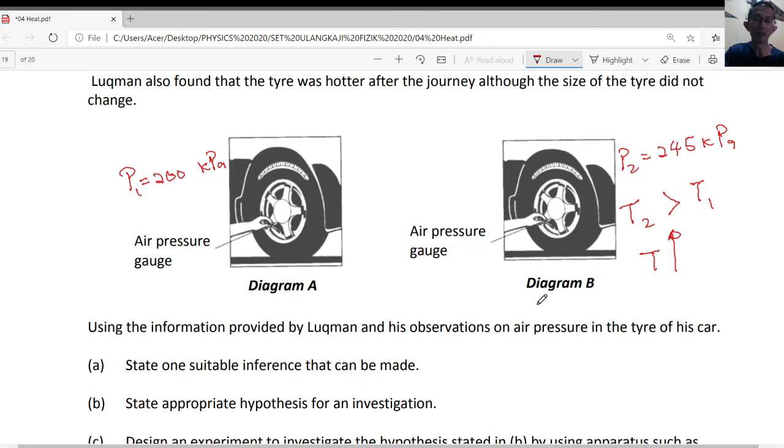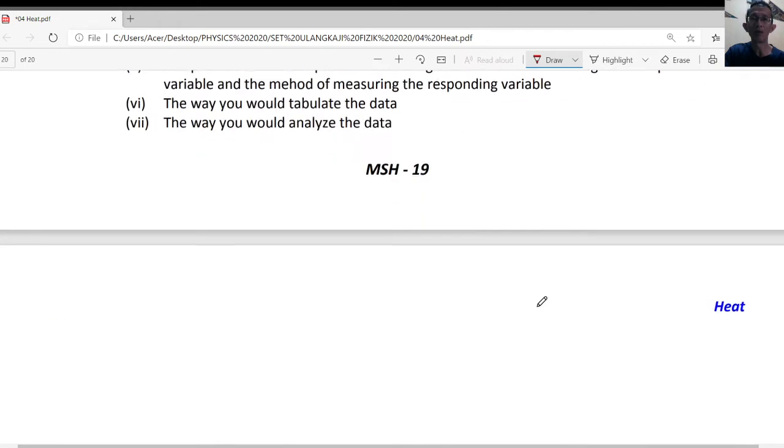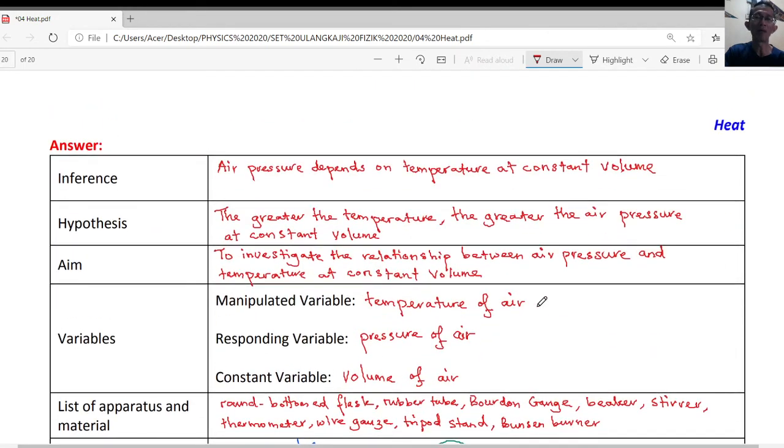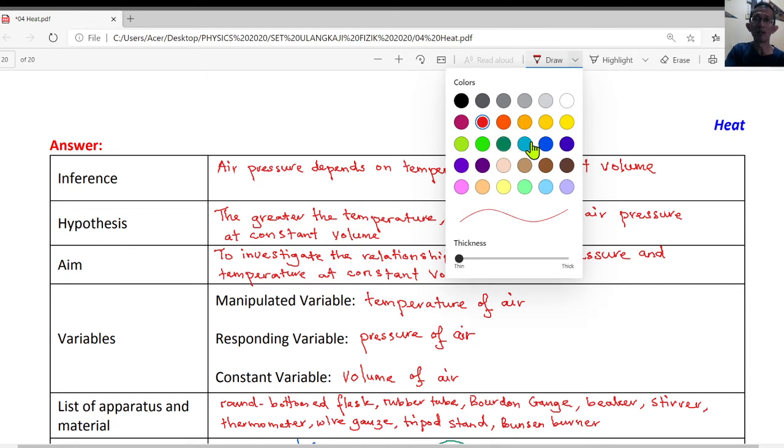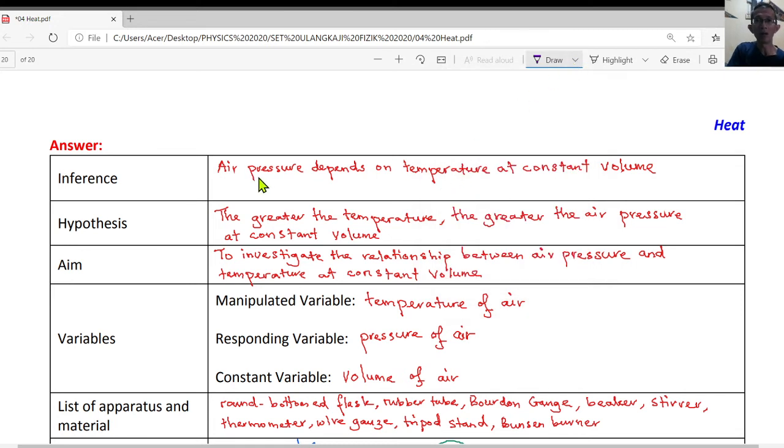For this scenario, we can write: pressure depends on temperature. Remember just now that we are talking about our pressure and also our temperature. The keyword for inference is depend.